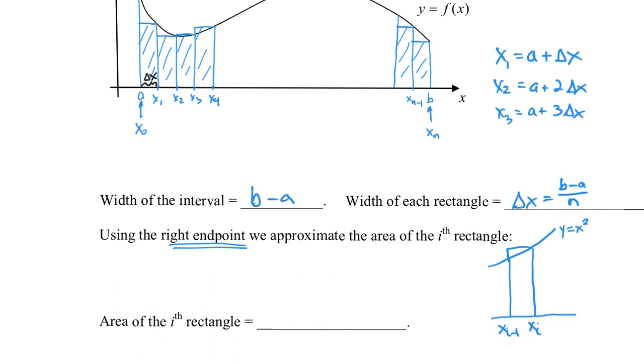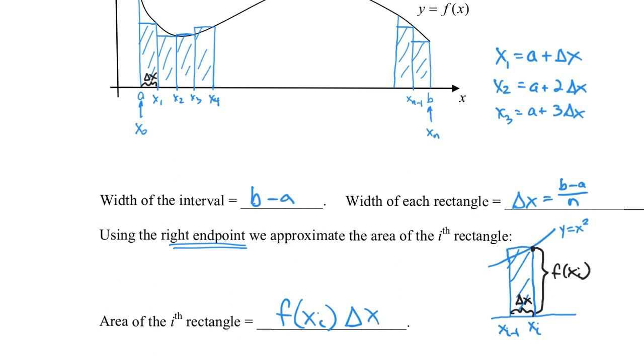And to find this area right here, this area under the curve, this would be the height, which is going to be f of x sub i, and the width is going to be delta x. So just looking at that picture, we can see that the area of the ith rectangle is going to be f of x sub i times delta x.